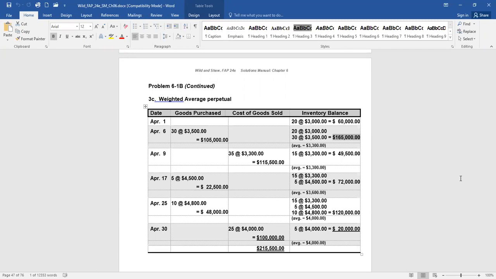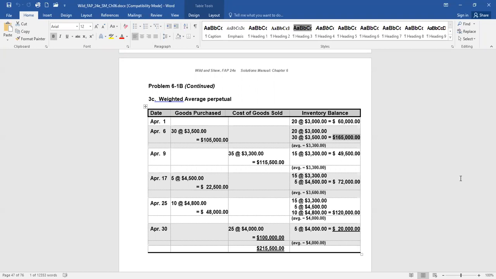Here we remove the 35 at the last average cost of $3,300. Just multiply them together. So cost of goods sold would be $115,500. What's left? Well, we have 50, we sold 35, so there's 15 left at $3,300 average cost. Total cost, when you multiply those out, $49,500.